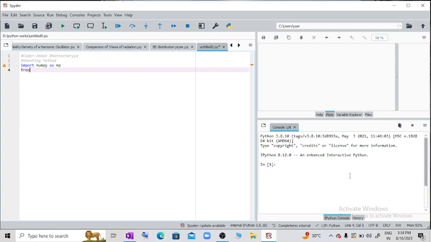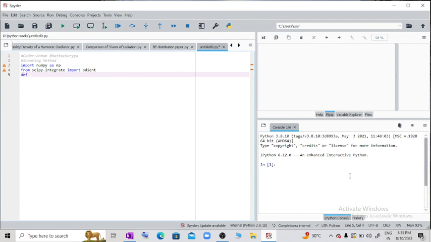So from scipy.integrate import ode. Next we have to define the functions.